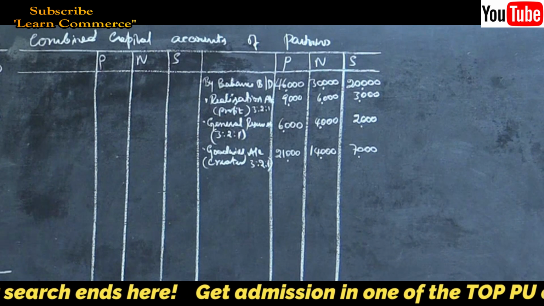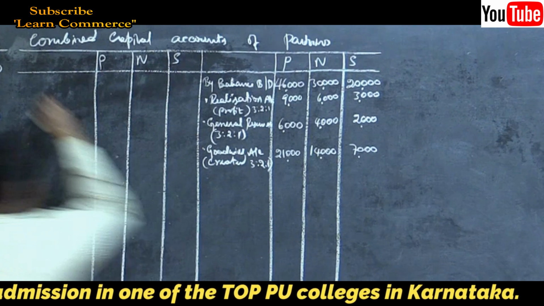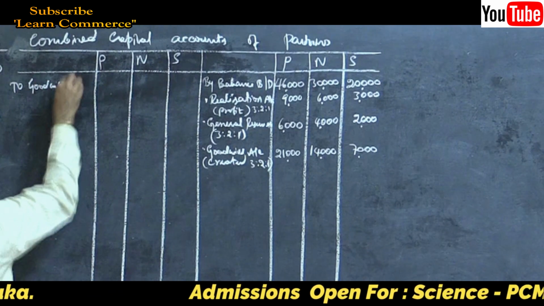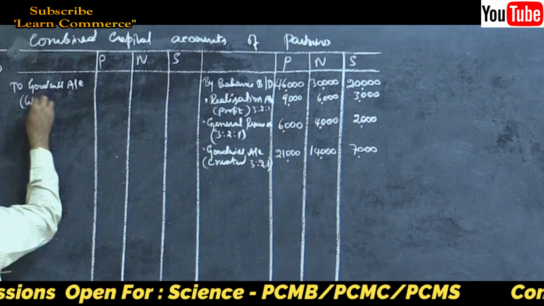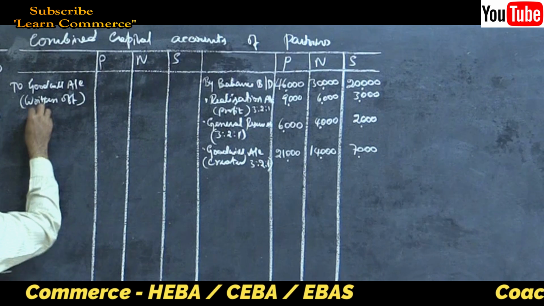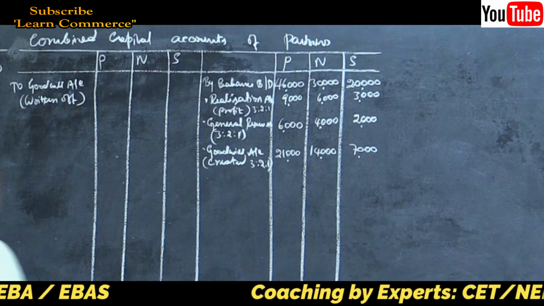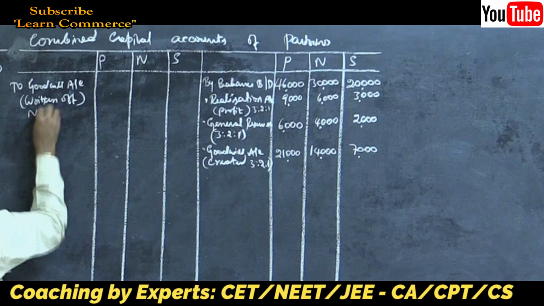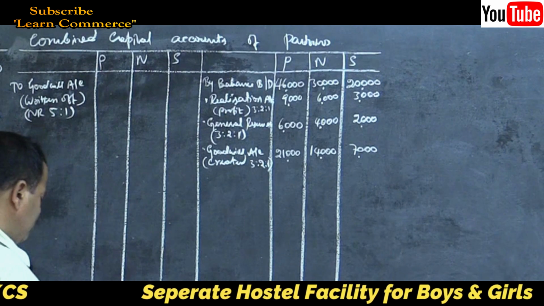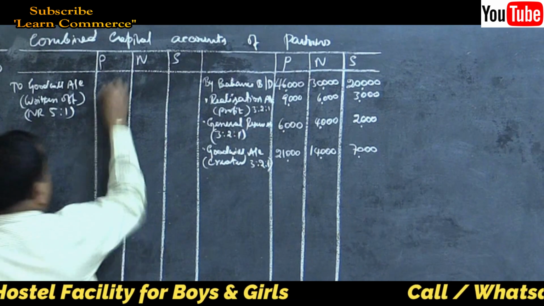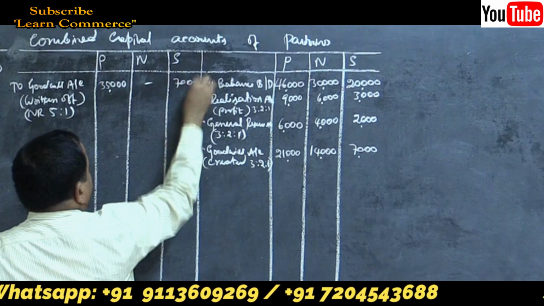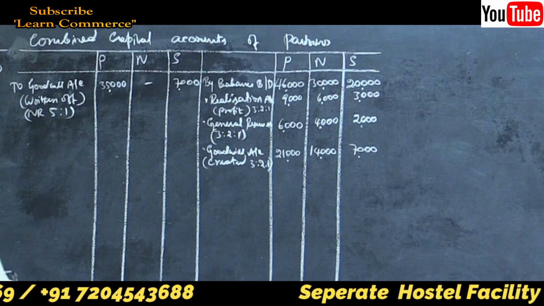So that is to goodwill account written off in the new ratio, isn't it? The new ratio is given, yes it is, 5:1. So it will be how much? 35 and 7. 35,000 and 7,000. Yes.